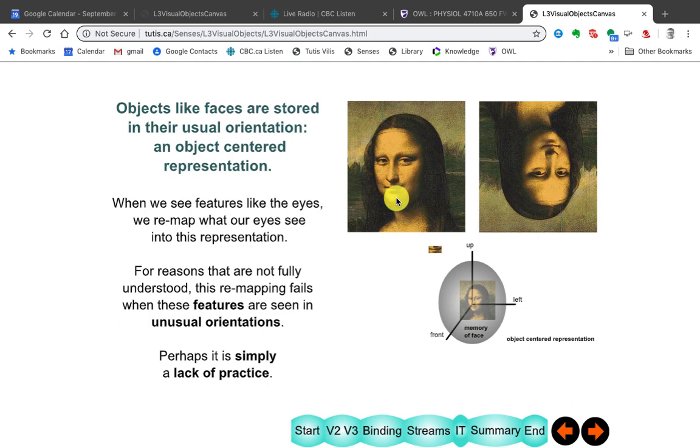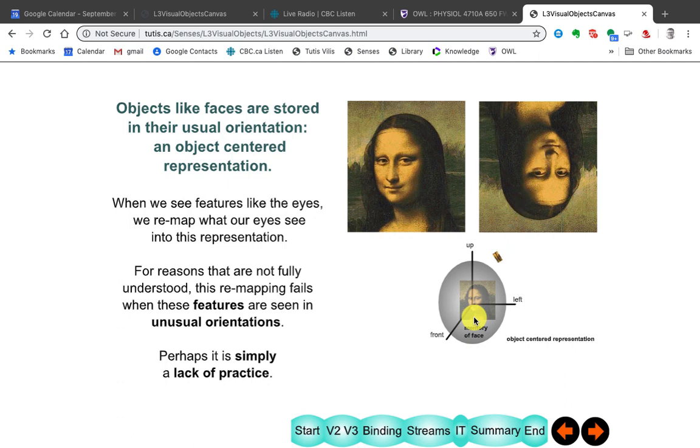So to determine if this looks like what you remember, you compare the lips in the picture to your memory of Mona Lisa in this coordinate system. If the picture is right side up, it's easy to map the lips to the lips here. But when it's upside down, you have to invert the image of the lips in your mind and then place it against this remembered frame of reference.